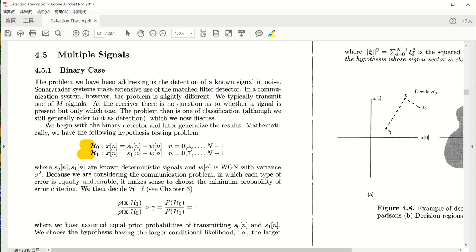Or, for example, a BPSK case, binary phase shift keying. In such a case, you are detecting a digital communication example where you're transmitting either a 0 or a 1.